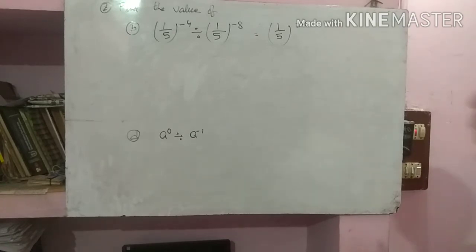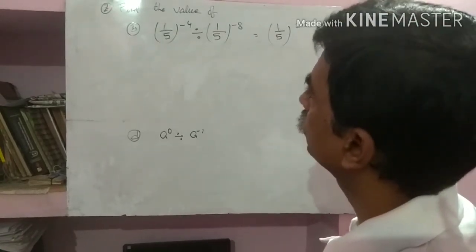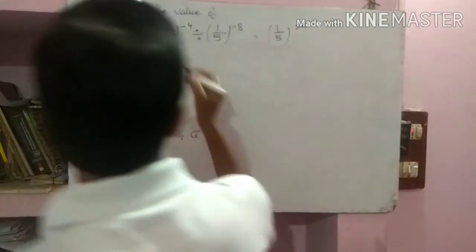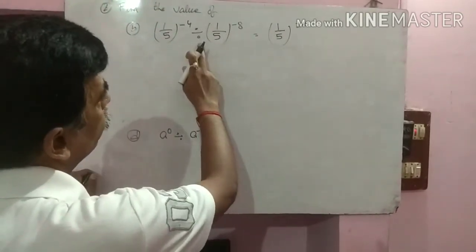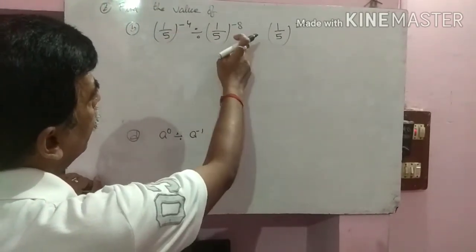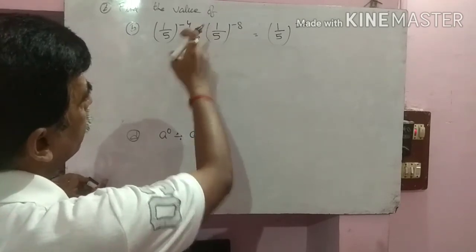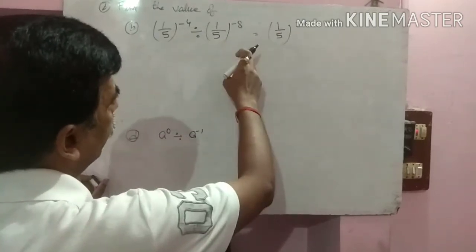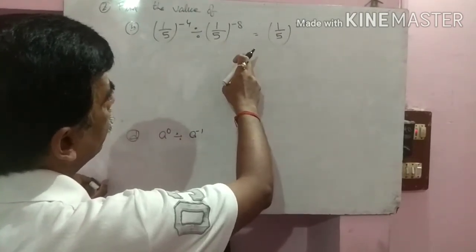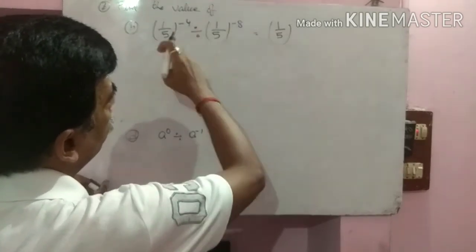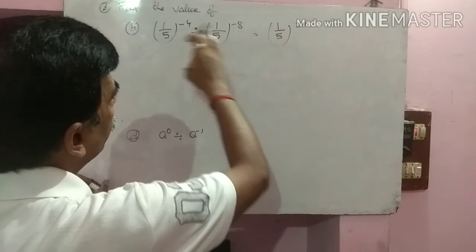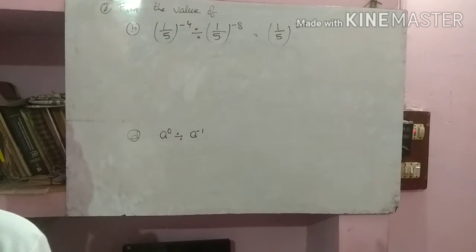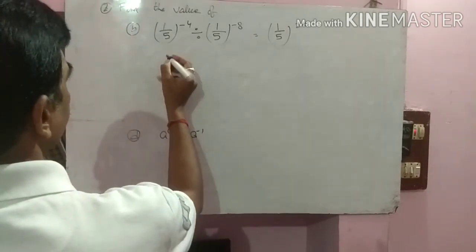Okay, look here. Question number 8 is saying find the value of x, the equation is given like this. So look here, the bases are the same. For the case of division, the powers are different. First of all, we have to see which one is smaller. This one is smaller. As we have seen in the law of exponents, this represents m and this represents n. In that case, if m is greater and n is smaller, then just subtract m minus n. So what will you get?